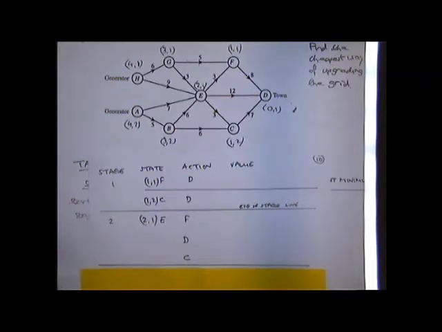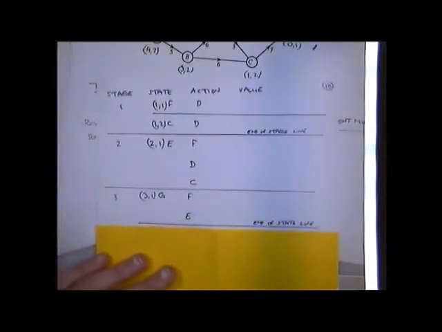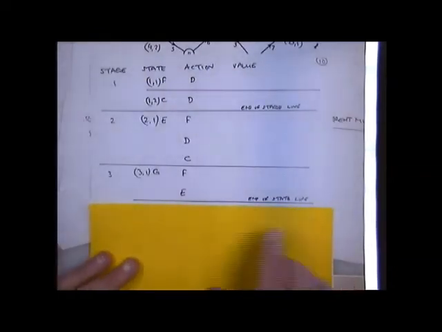So then we'll come on to stage 3. How many states are there in stage 3? 2. If we look at the first state, state 3,1, how many places could we go from G? 2, yes, so there'll be an F and an E action. Then you have your end of state line, not end of stage, end of state line.